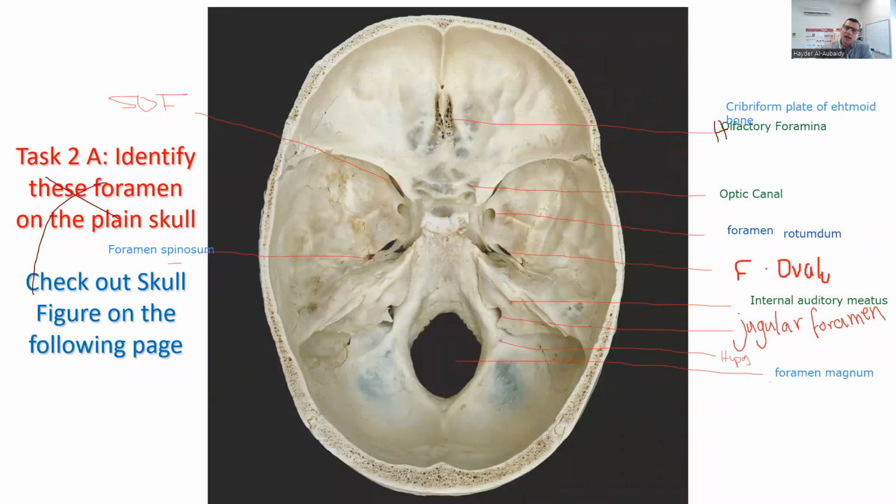So if you look into the two names, cribriform plate of ethmoid bone versus olfactory foramina. Cribriform plate, it's a plate. So if I ask you about the bony part, it's a plate. But if I ask you about the holes or openings, then it will be olfactory foramina, because the plate has several holes.